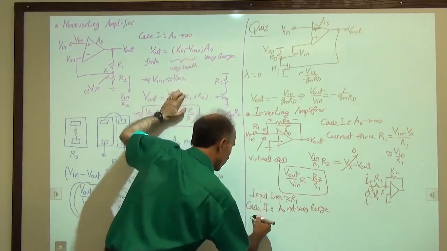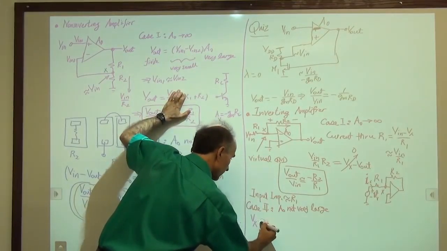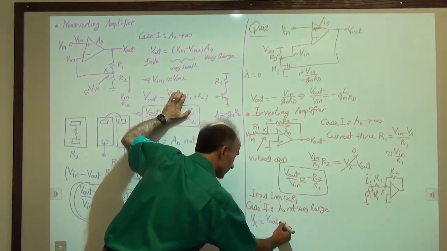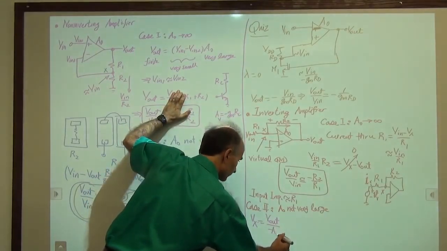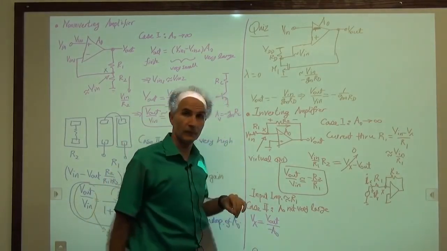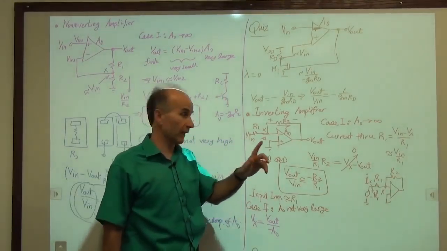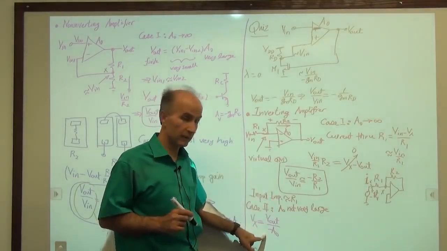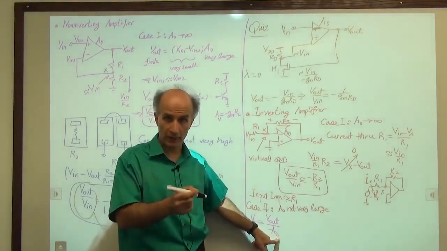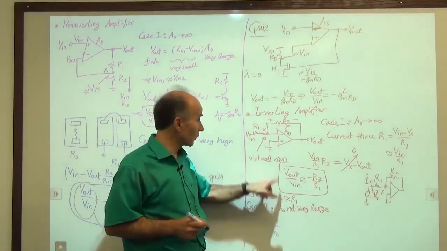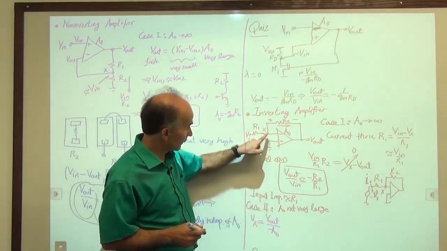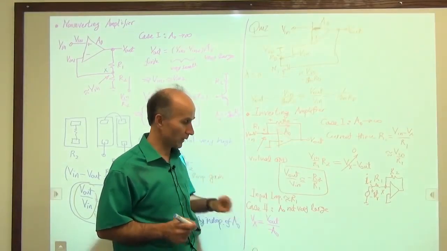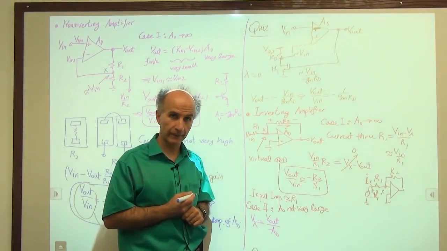So Vx is equal to Vout over minus A0. So if we have a certain voltage at the output of the op-amp, we require this much voltage here. If A0 were infinite, we wouldn't require much voltage, but A0 is not, so we require this much voltage here. If you take this voltage and multiply it by minus A0, you get Vout, right? So that's why this should be correct.